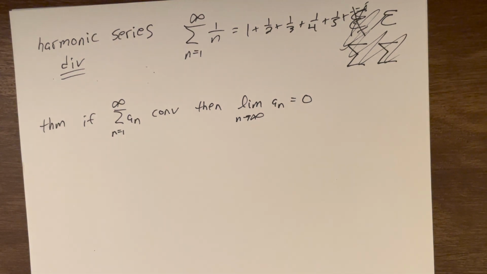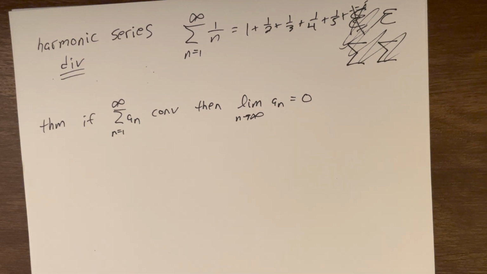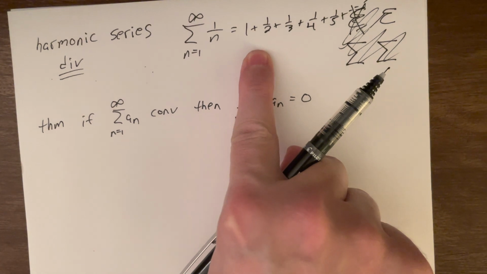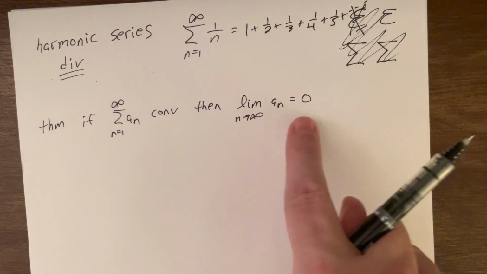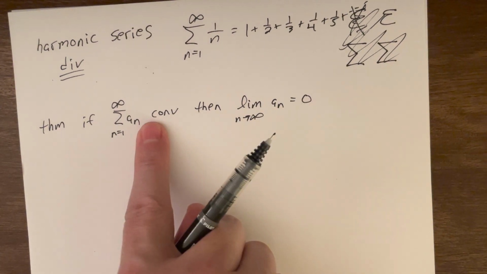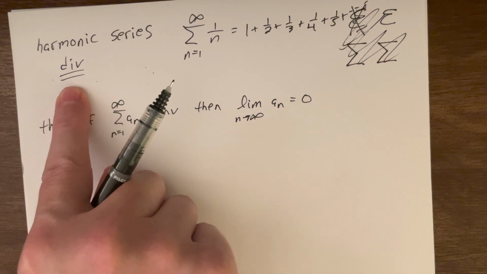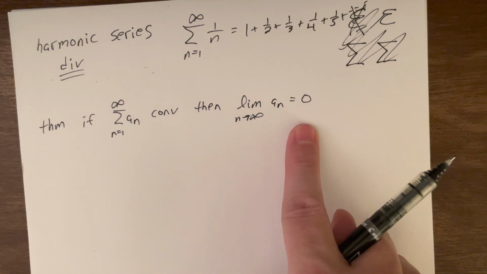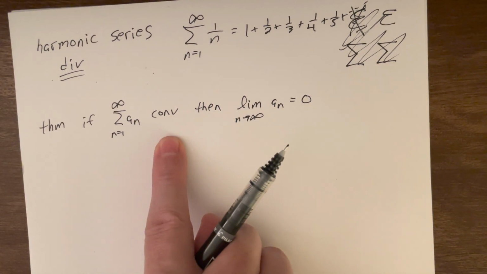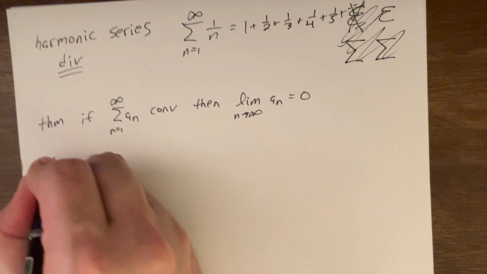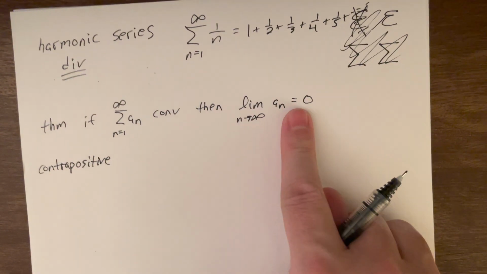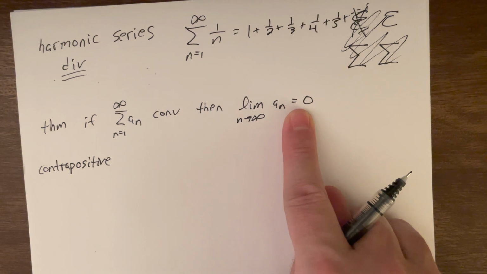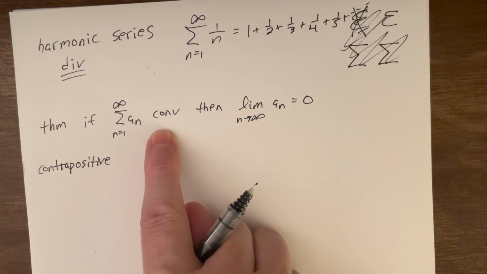That would be the converse of this statement, and it's not true, and this is an example of that. If you just looked at the limit of 1 over n as n goes to infinity, that's 0, but the series itself actually diverges. So why do we bring this up? It's not the converse that's helpful, it's the contrapositive. Negate the conclusion, and then you do get to negate the assumption.